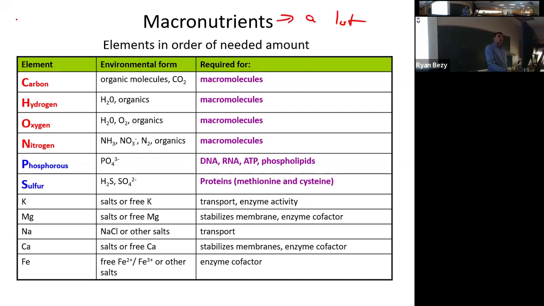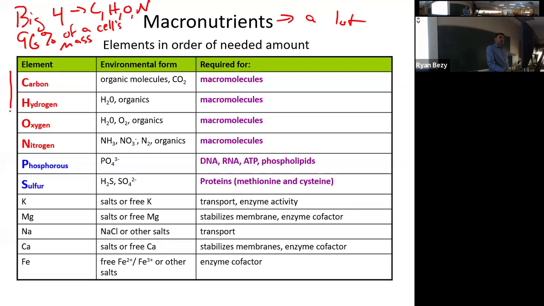The big four are in red. They are carbon, hydrogen, oxygen, and nitrogen. 96% of a cell's mass is those four.